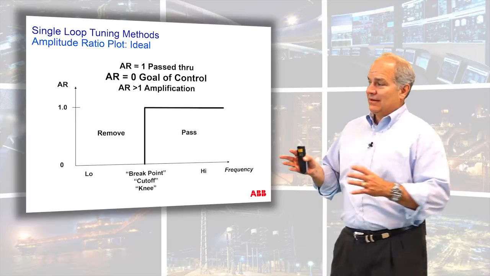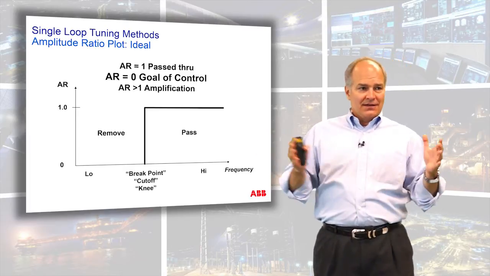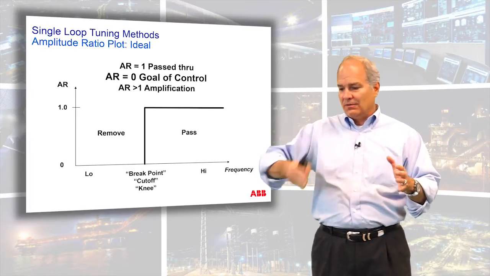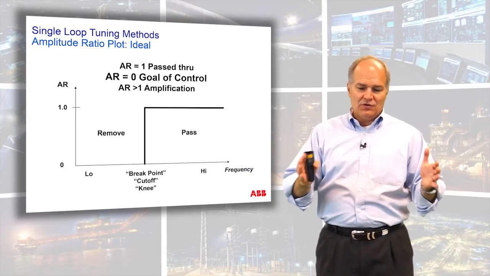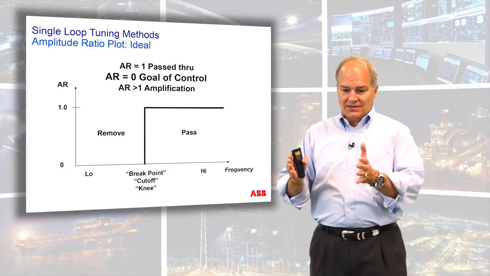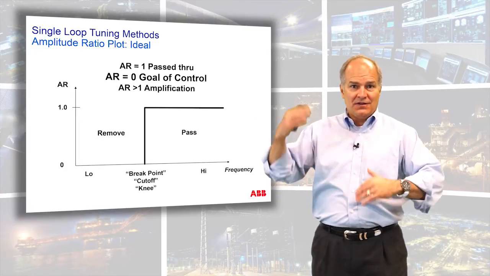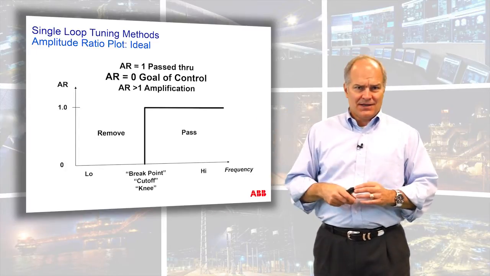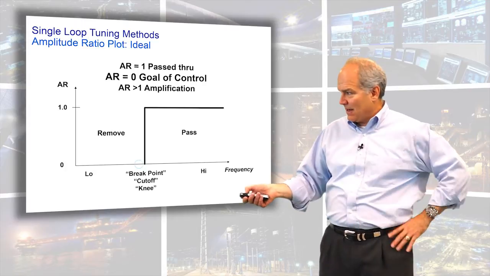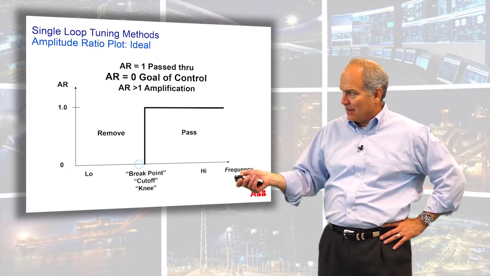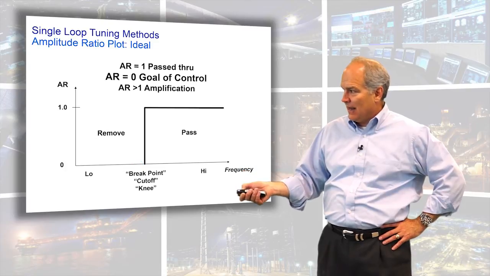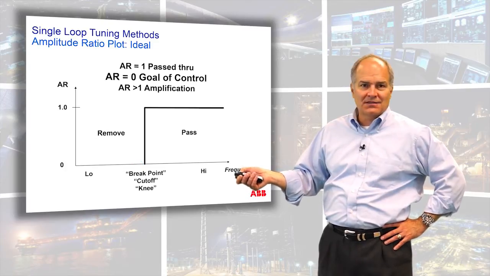The problem is, think in terms of potholes or lumps in your road, and your shocks. If they're 2 feet apart, you don't feel it. But if they're a foot and a half apart, all of a sudden you feel it. It's just not physically possible to go from, let's say I have a disturbance right here, just to the left of the break point, where I remove 100% of it, to being on this side, where 100% of it passes through.